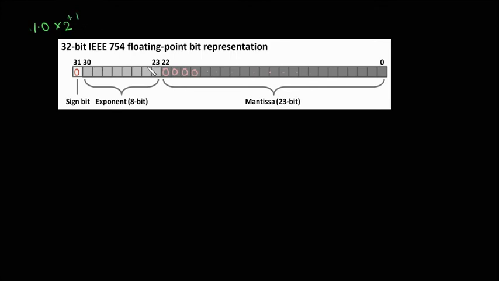We write a plus 1 as, the LSB is 1, and the remaining are zeros. This is the representation of 1 into 2 power plus 1. Now let us write 1.0 into 2 power minus 1.